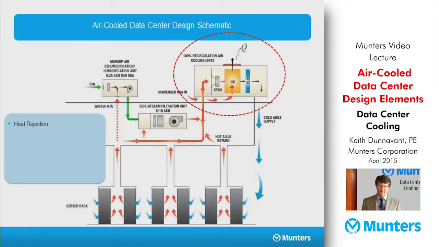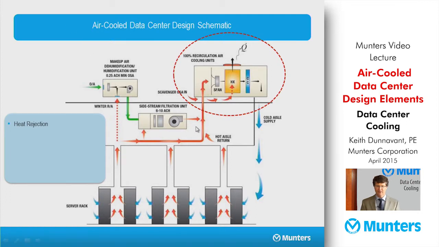This is a very simple schematic of an air-cooled data center that shows all of the parts that are required to manage the air properly in a data center. The first thing you see here circled is the heat rejection component.